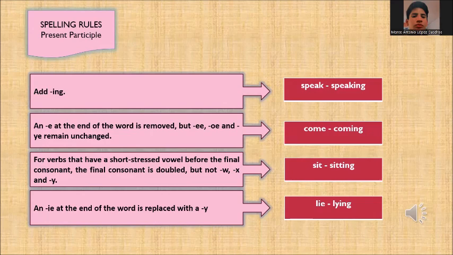Come, coming. For verbs that have a short stressed vowel before the final consonant, the consonant is doubled, but not w, x, and y. Sit, sitting. An ie at the end of the word is replaced with a y. Lie, lying.